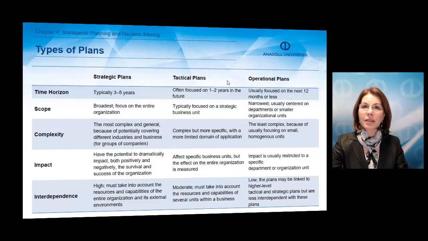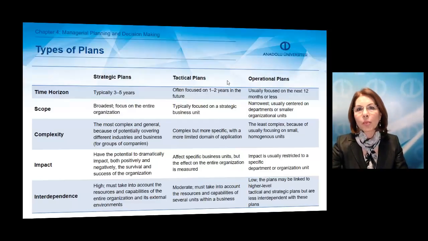Types of plans are also associated with levels of plans, because, for example, strategic plans, which are also long-term plans, are being made by top administration or top-level managers, whereas operational plans are being made and the decisions are made by the first-level managers in a hierarchical organization of businesses.